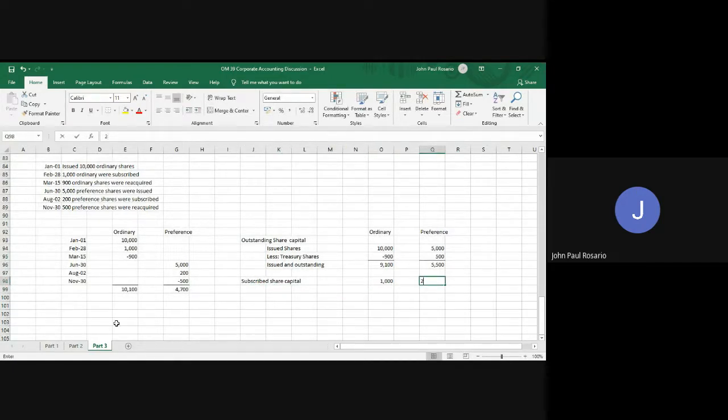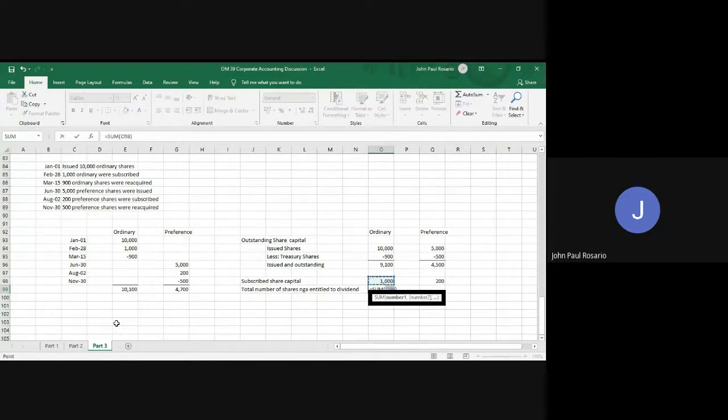So the total number of shares entitled to dividends is 10,100 for ordinary and 4,700 for preference shares, which equals what we got here.